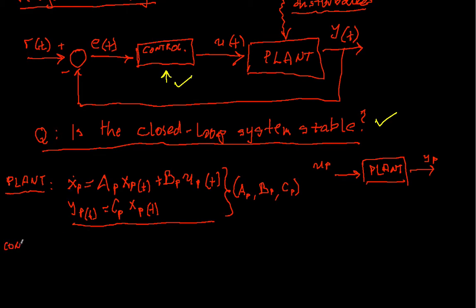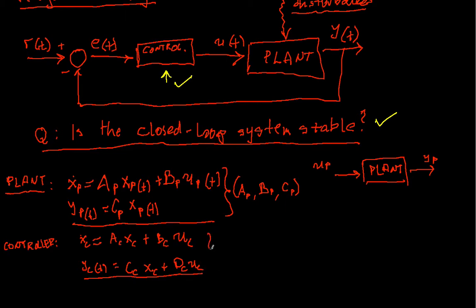Controller is also a dynamical system. So controller, it's a dynamical system of the similar structure. We call xC dot, so it's the state of the controller, AC xC plus BC U of C, and here we have a Y of controller, Y of C of t is equal to CC xC plus DC UC.